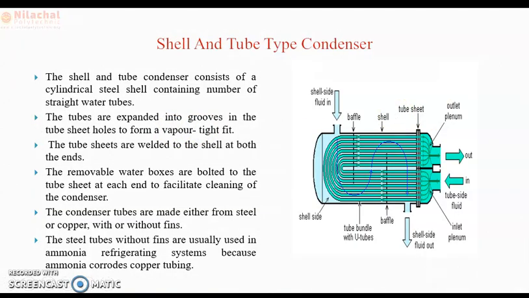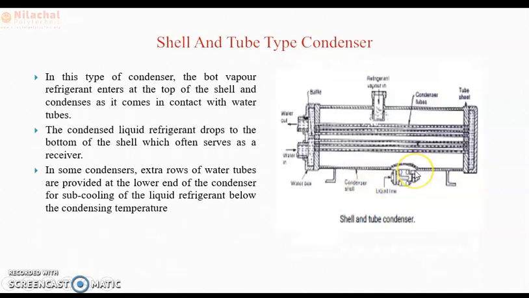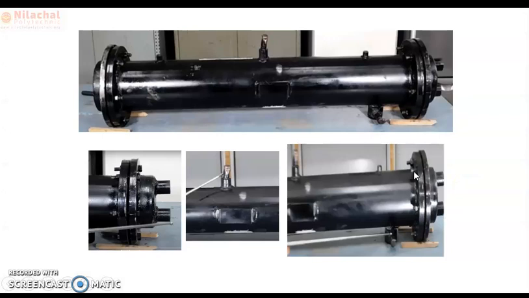First, let's look at the different parts of this shell and tube type condenser. Here you observe these are the tubes through which water will flow, and I'll show you the actual shell and tube type condenser.